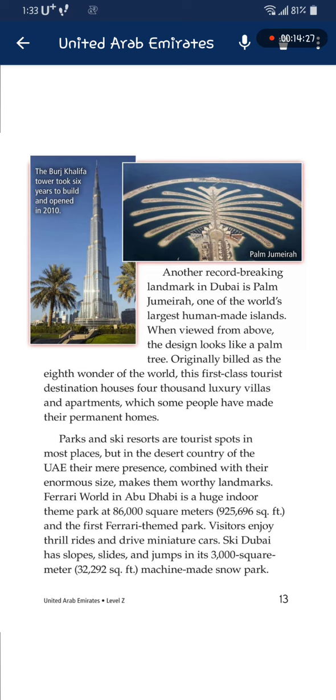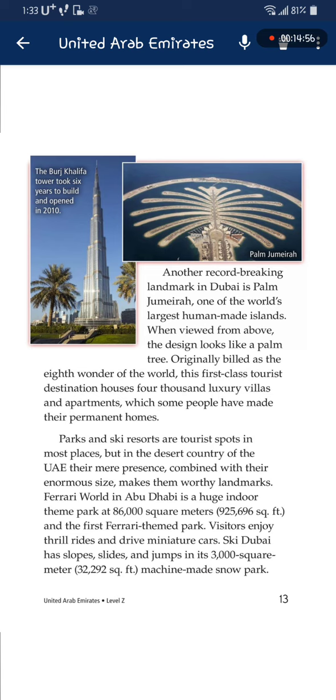Parks and sky resorts are tourist spots in most places, but in the desert country of the UAE, their mere presence, combined with their enormous size, makes them worthy landmarks. Ferrari World in Abu Dhabi is a huge indoor theme park at 86,000 square meters.